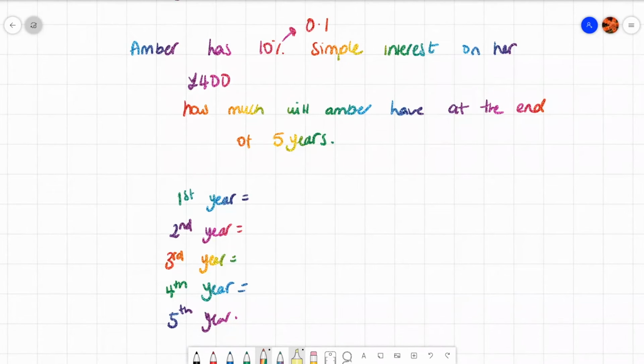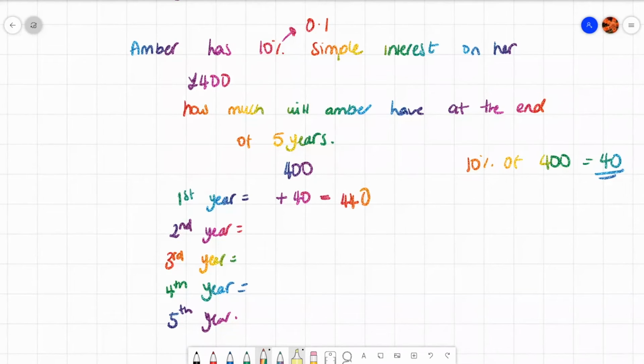So let's work out 10% of 400. So 10% of 400 is £40. Now, this is where it's different from compound interest. So how much money do we start off with? £400, yeah? Well, we're going to add £40 onto that, which is £440.